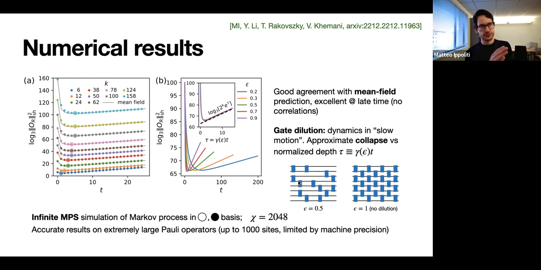And this allows you to go through these dynamics in slow motion in a sense. Over here in the undiluted case, there's stuff that's happening very fast in between these discrete time steps. And by diluting the gates, we can slow it down so that it's almost continuous, like almost nothing is happening in between time steps. And so instead of having all the action happening over here, we can stretch it out and get a very good resolution on the temporal behavior.